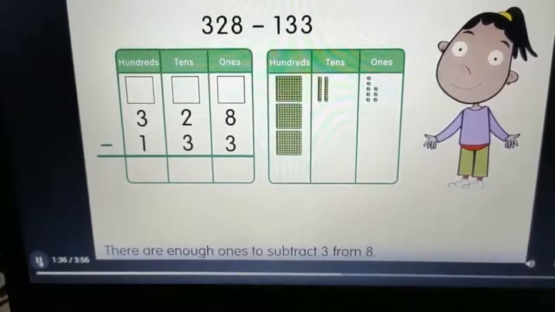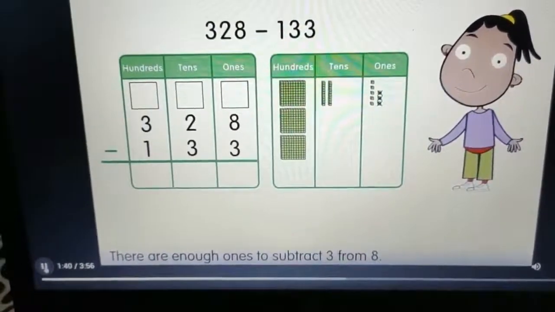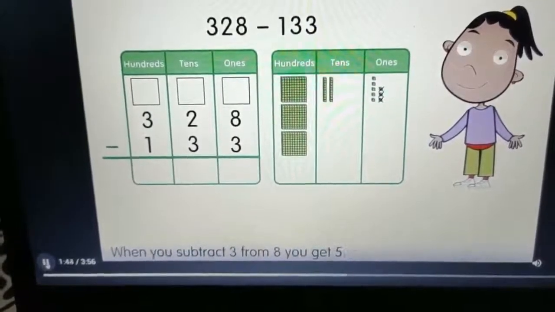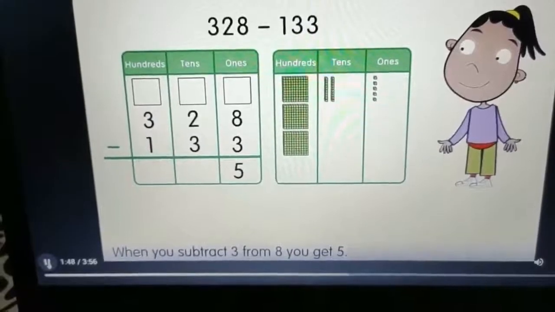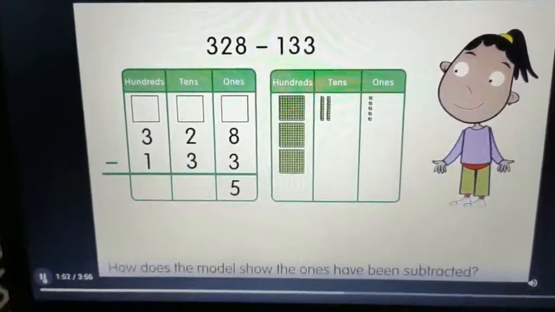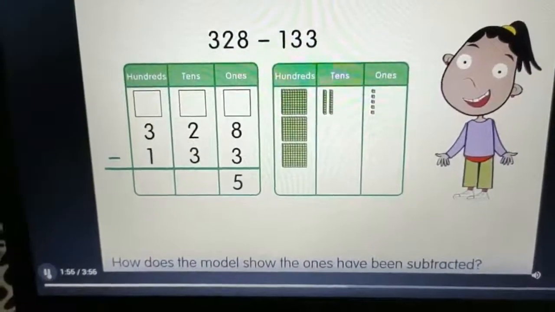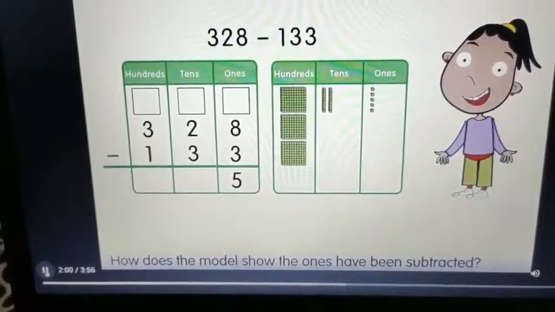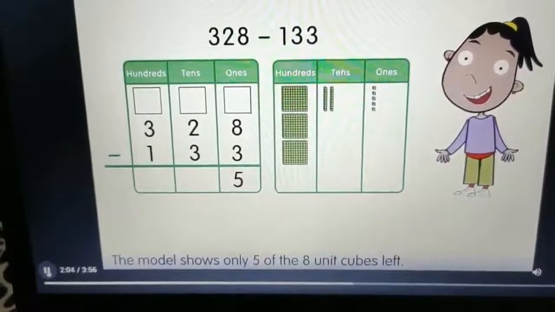There are enough ones to subtract 3 from 8. When you subtract 3 from 8, you get 5. How does the model show the ones have been subtracted? The model shows only 5 of the 8 unit cubes left.